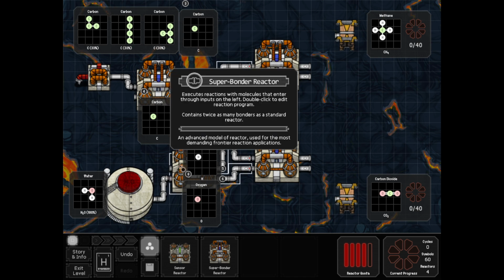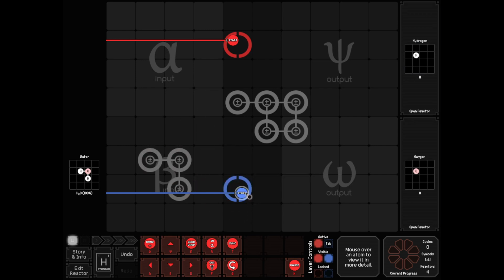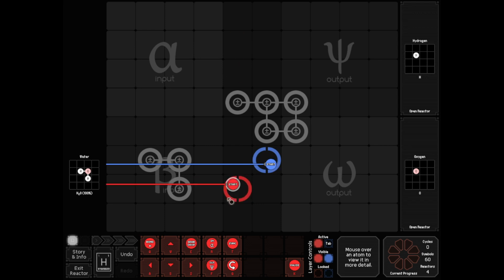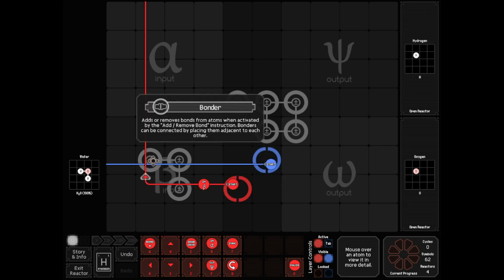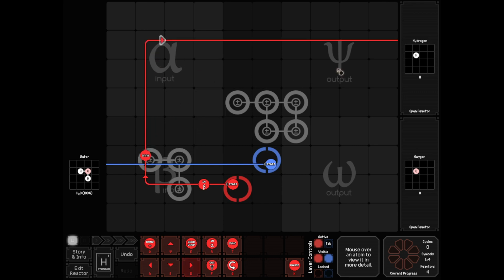Reactor 2, let's split some water. Well, I mean, I've done this sort of thing before. I could do it this way.